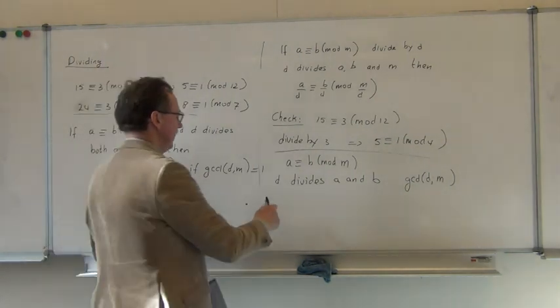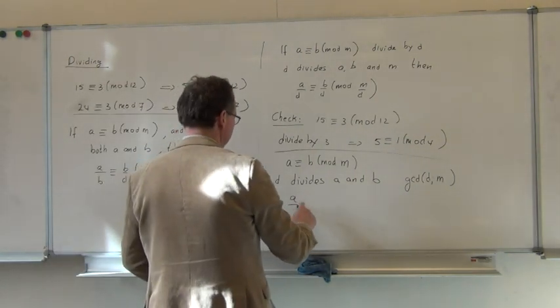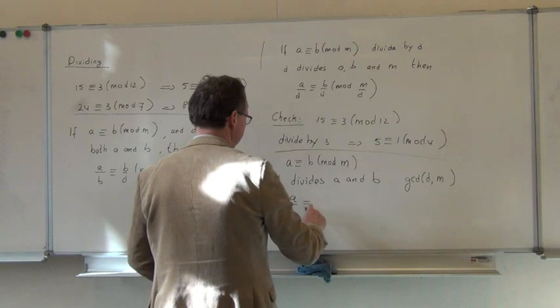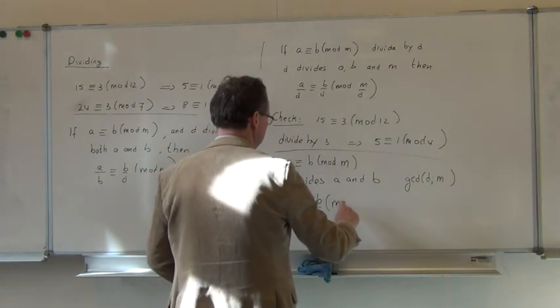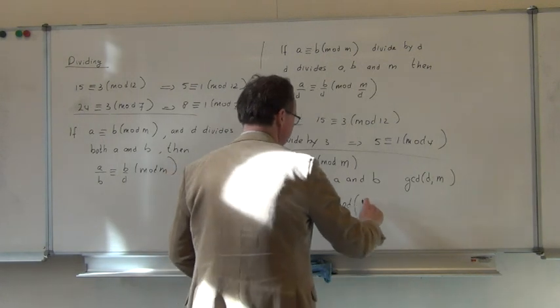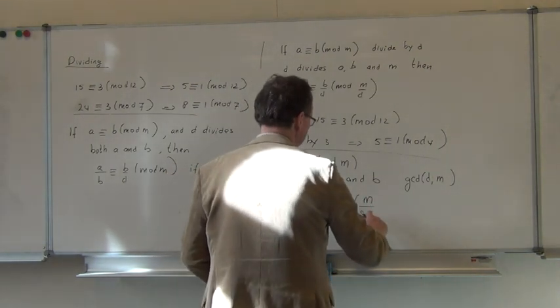Then we can say that A over D is congruent to B over D modulo M over the GCD.